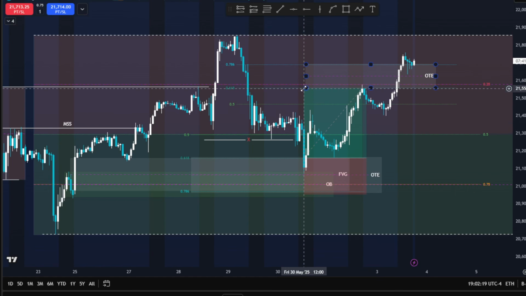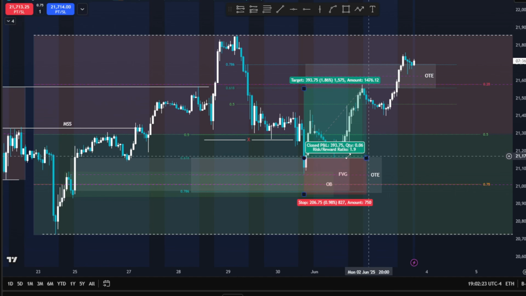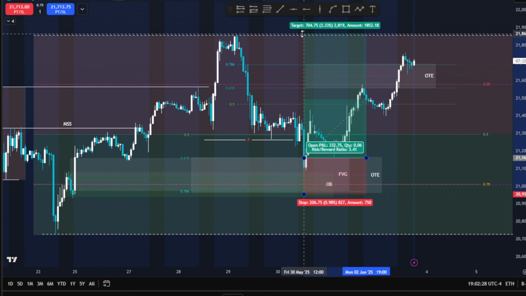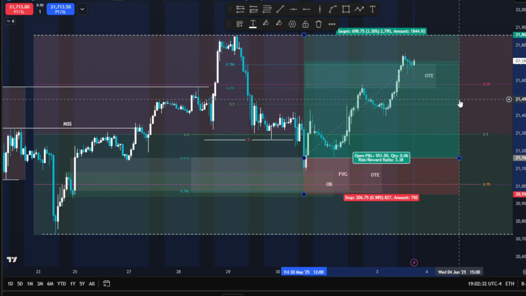With the OTE lining up here, you can take some partial here and then move the rest to break even, and then you have the rest as a runner to target this next buy side liquidity, which will probably hit.